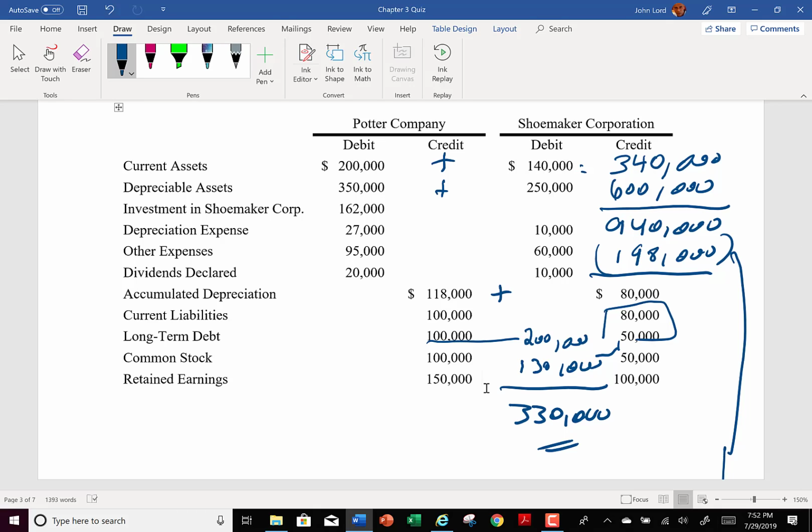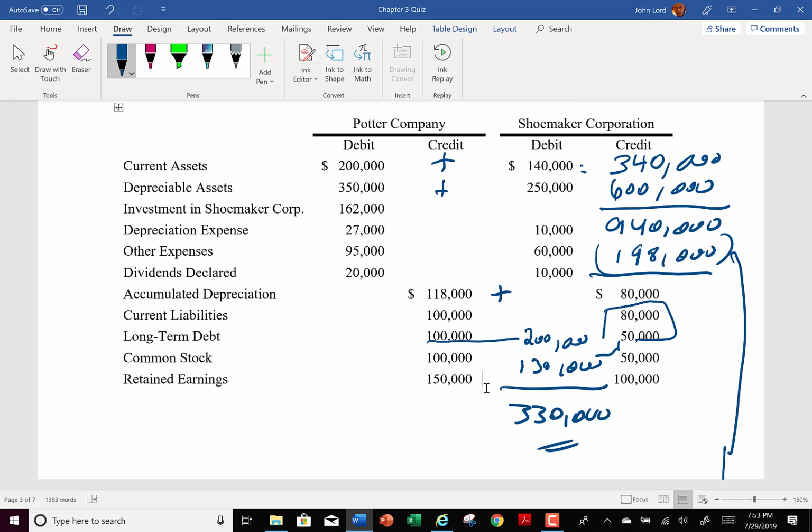Okay. So I'm going to get my beginning retained earnings, which is 150,000. What do I add to it? Good. I add my net income. Net income, we just calculated, is 164,000, right? And then I just need to pick up the dividends declared for the parent, which was what? 20,000.